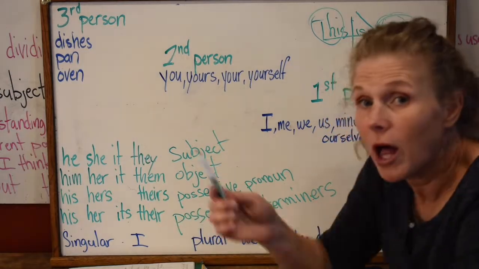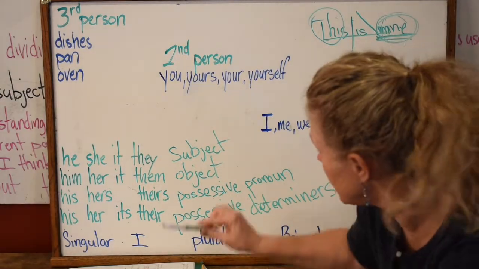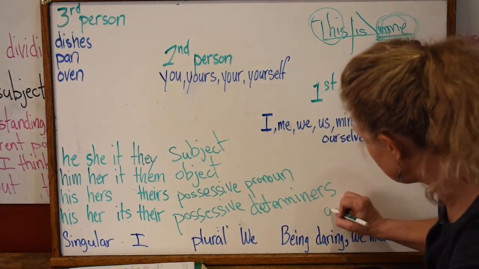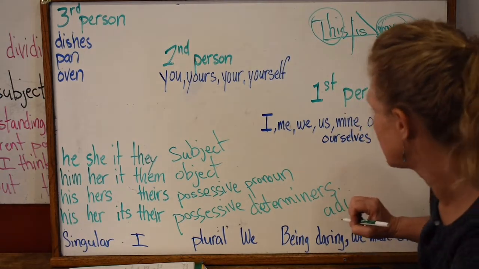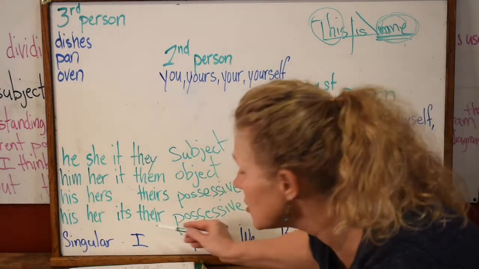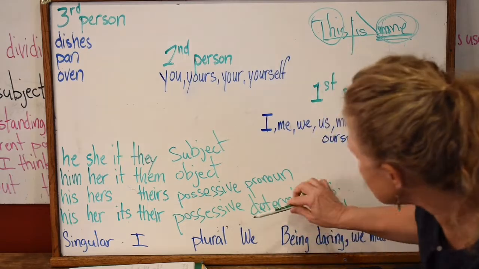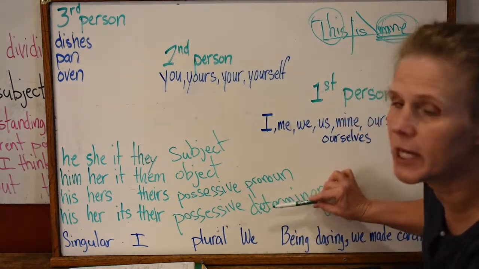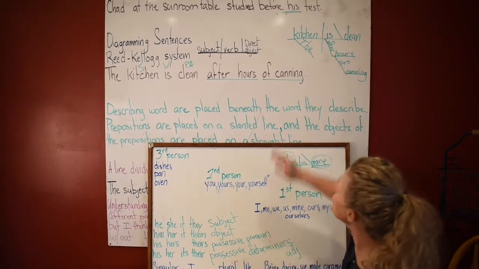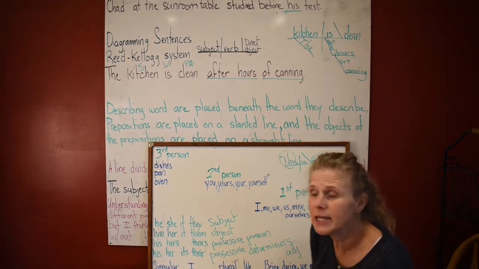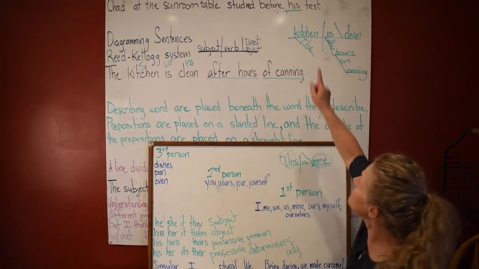And we call these adjectives. These are adjectives, but they're possessive determiners. They're determining whose test it is. It's his test, but it's possessing.